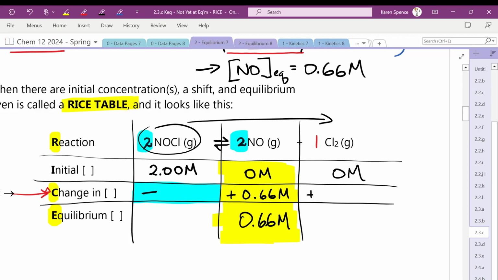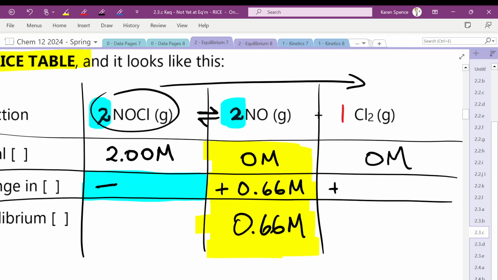So it's a 2 to 2 ratio between NO and NOCl. So 0.66, because if you use up 2 of these, you make 2 of those. If you make 0.66 NO, you've used up the same amount, 0.66 NOCl.